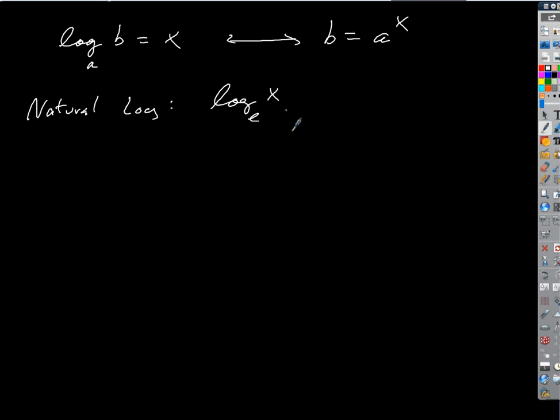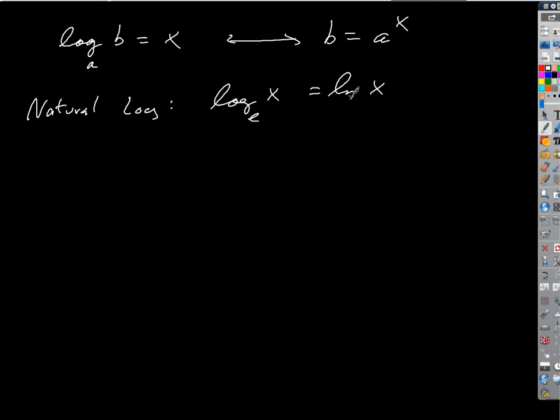So the base E log of X, we write as natural log of X. And you don't say ln, you say natural log. You say ln in college, people are going to laugh at you. So it's the natural log of X. I know they write it ln, and that's French for logarithme naturel or something crazy like that, but it means natural logarithm, okay?